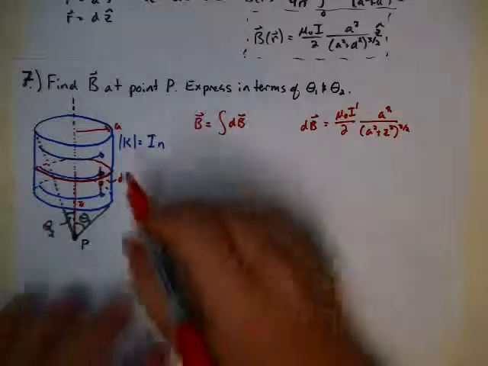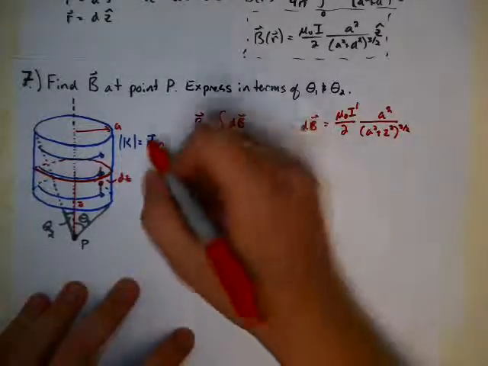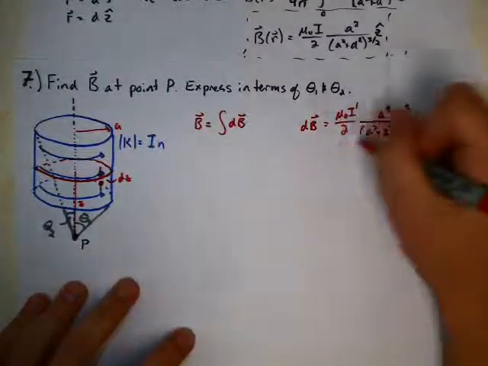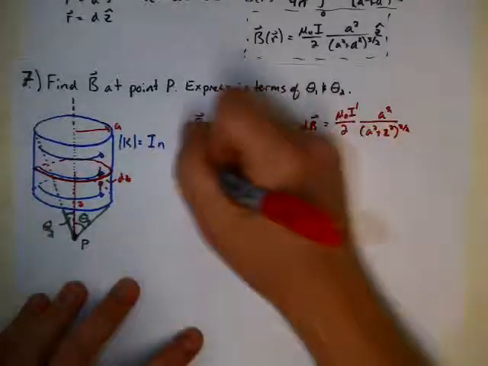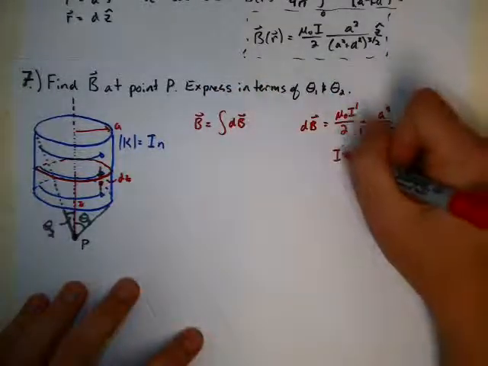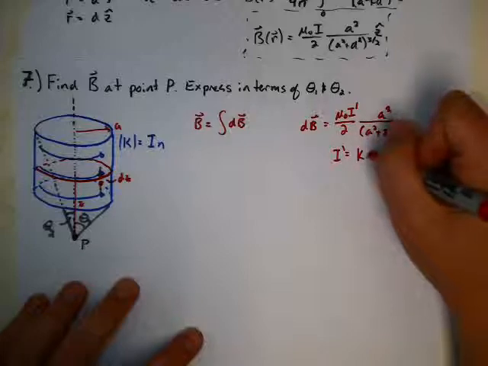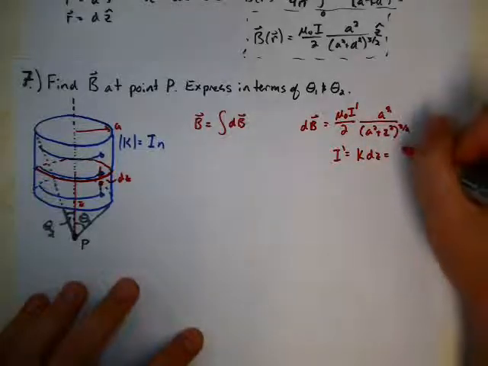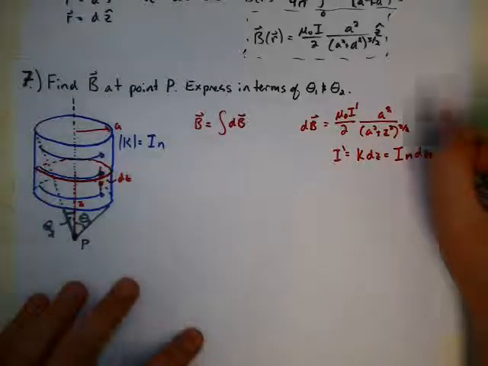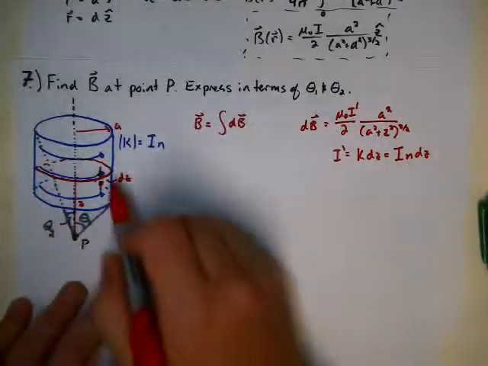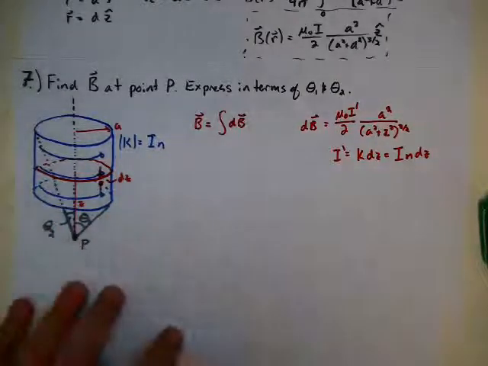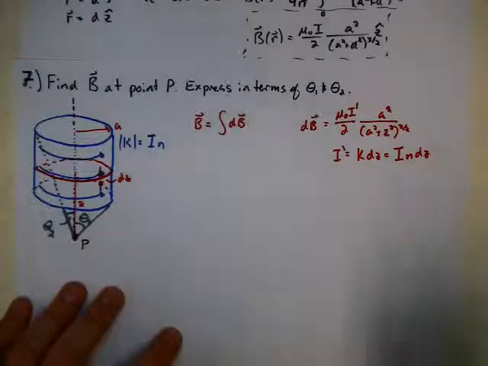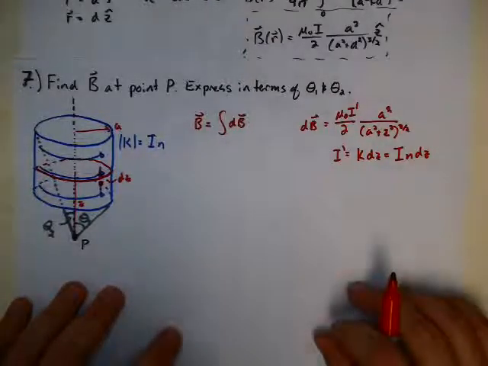The I prime is actually going to be k times dz, where k is the current per unit length, which is of course going to be I n dz, where I is the current running through our solenoid and n is the number of turns per unit length that we're looking at.